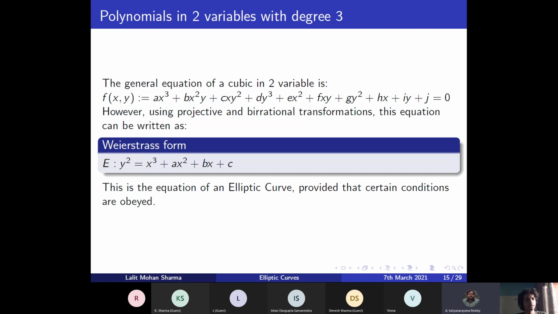So you have to know some facts about the field we are working with to be sure if you can do this transformation. Actually, this can be reduced even further, provided that the field you're working with doesn't have characteristic 2 or 3.